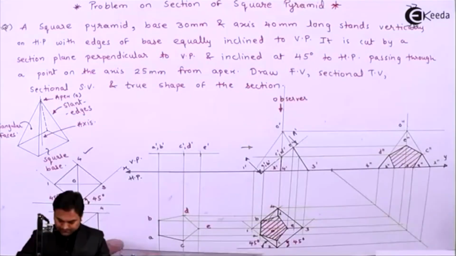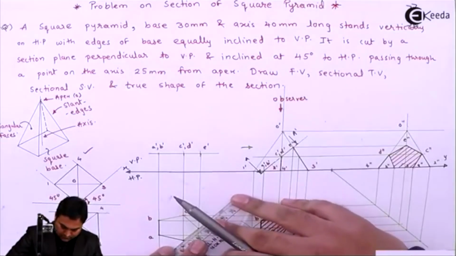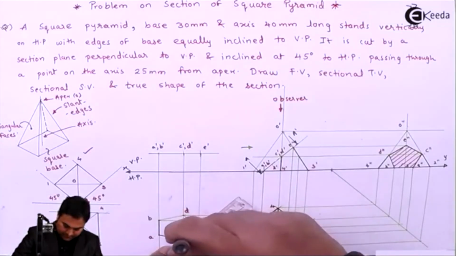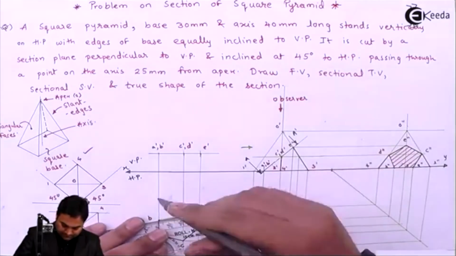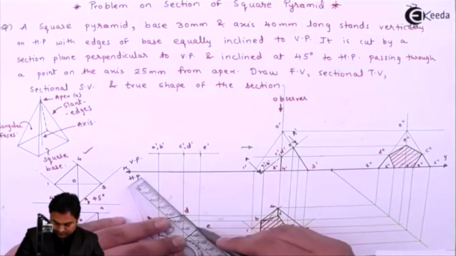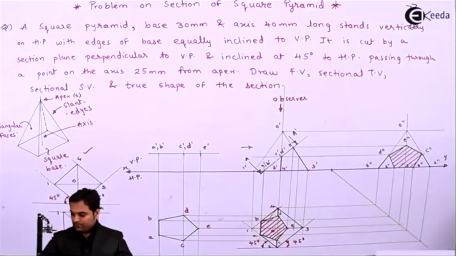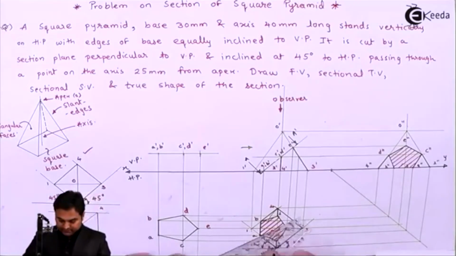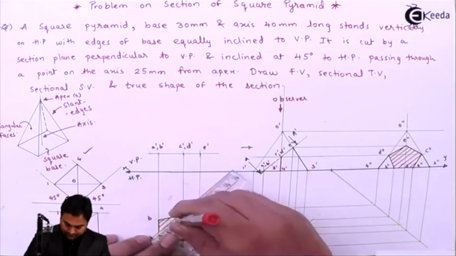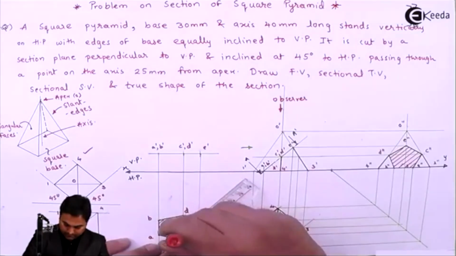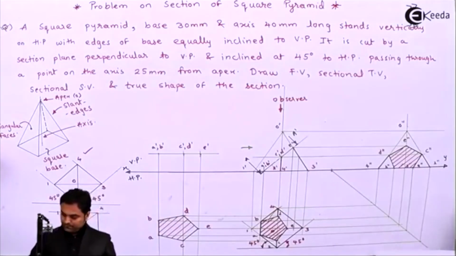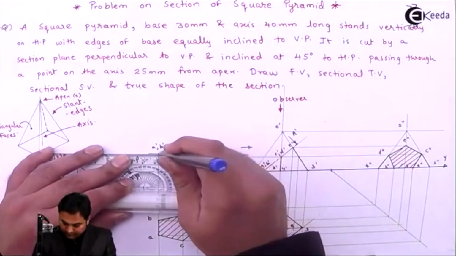So now joining all the points, making them dark, and then drawing the section lines for it. Cutting plane.